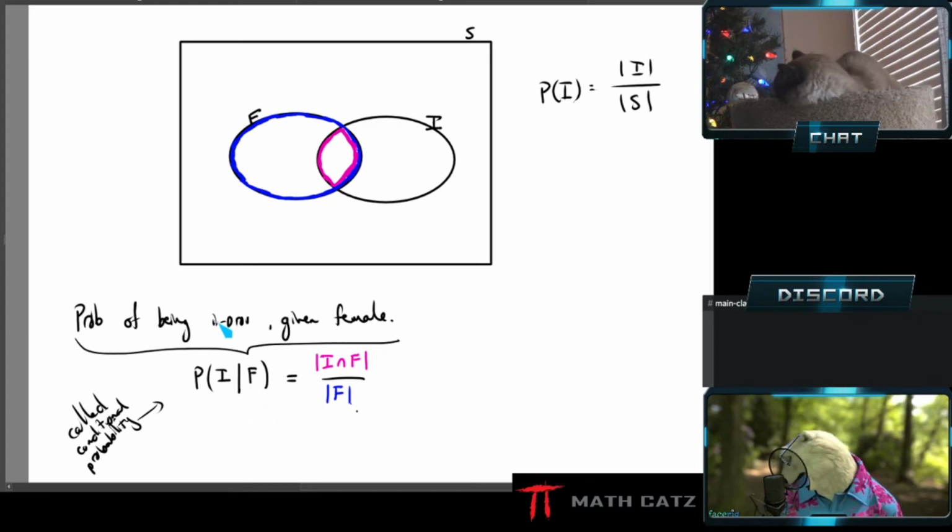It changes the chances of getting an in-province person because I'm restricting myself to just females, because I know it's a female. So this extra information changes things. As soon as I know a little more about what has happened behind the scenes, someone gives me some inside information.